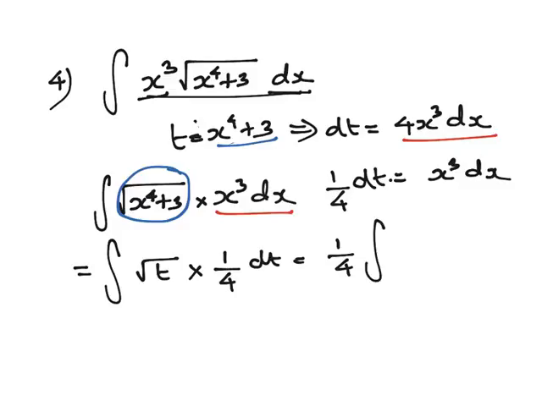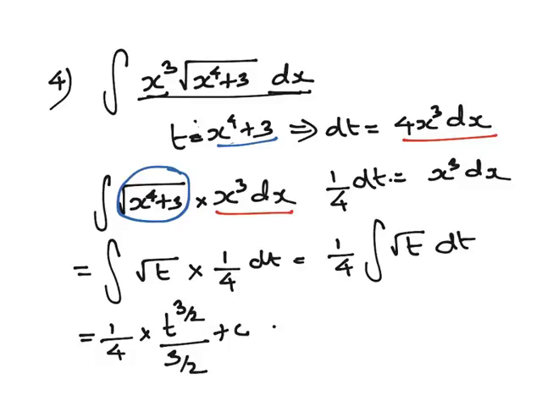So 1 by 4 times integral of square root of t dt. Now square root of t is nothing but t power half. So the integral will be t power 3 by 2 divided by 3 by 2, plus c.